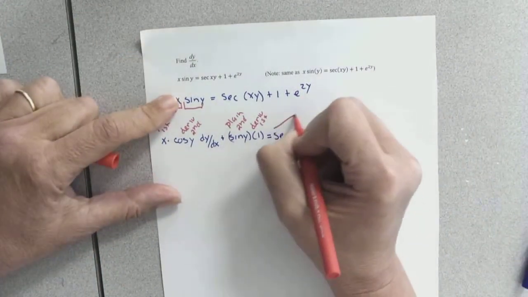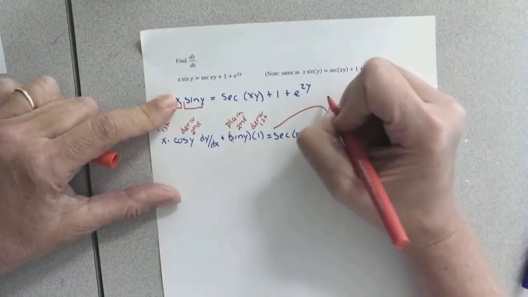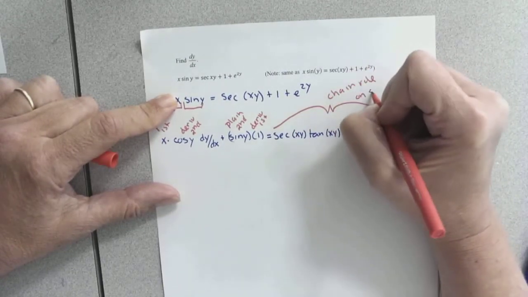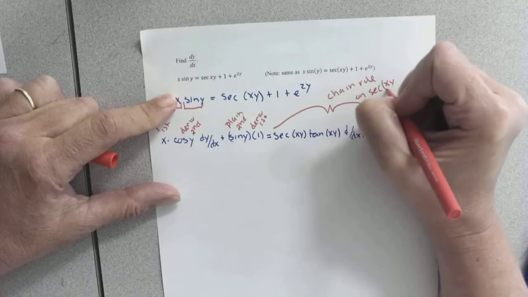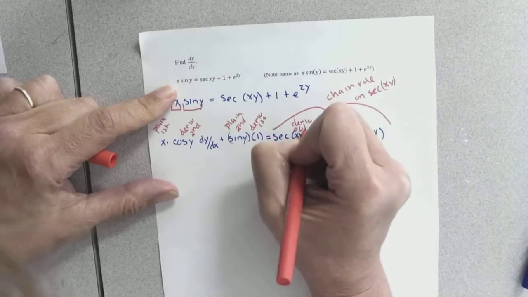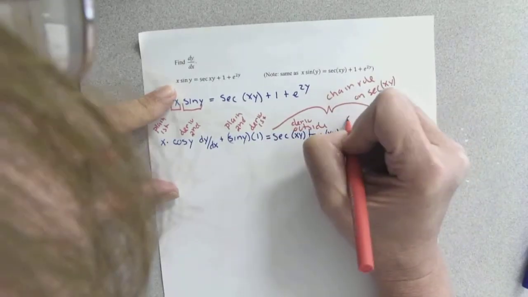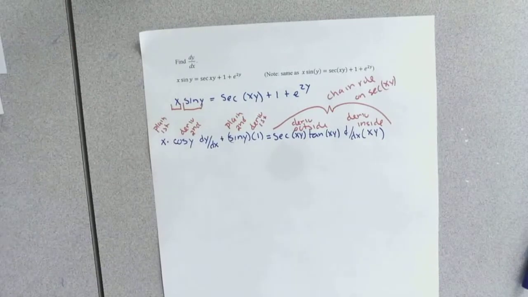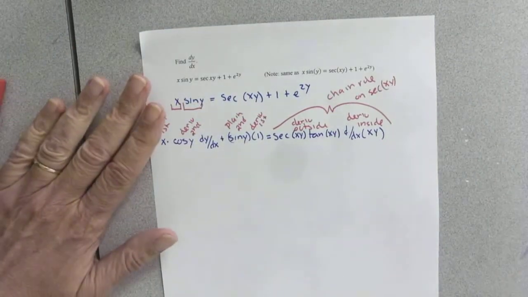So all of this right here is chain rule on secant xy, with the first part derivative outside, derivative inside.